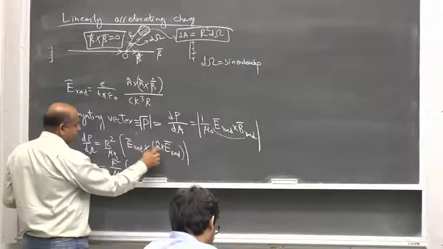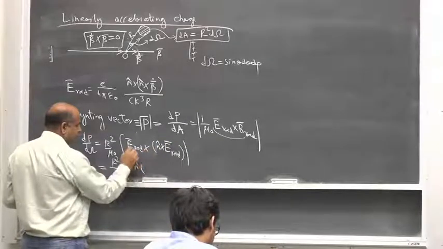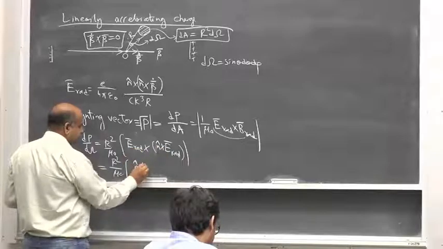Opening this with the a cross b cross c formula, b into a dot c.